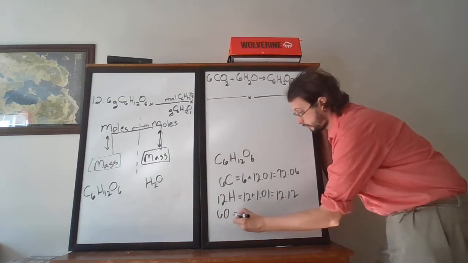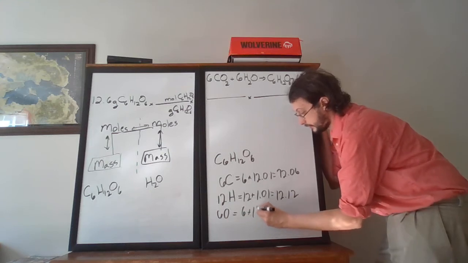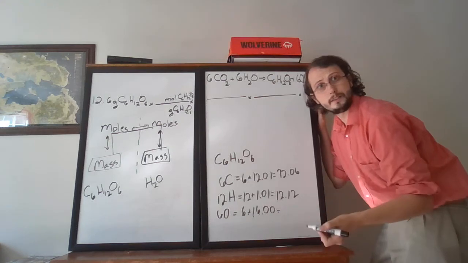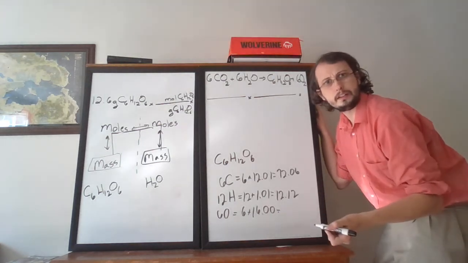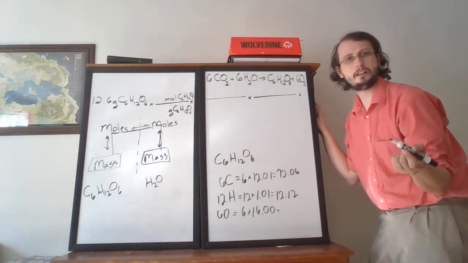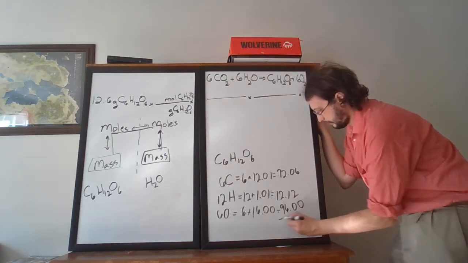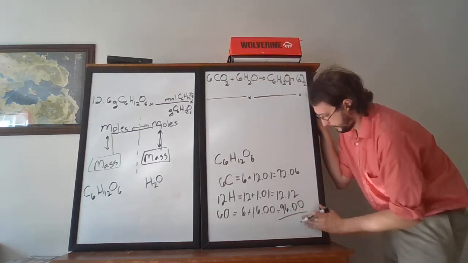And 6 times the molar mass of oxygen, which is 16. So 16 times 6 is 96. So we add them up now.